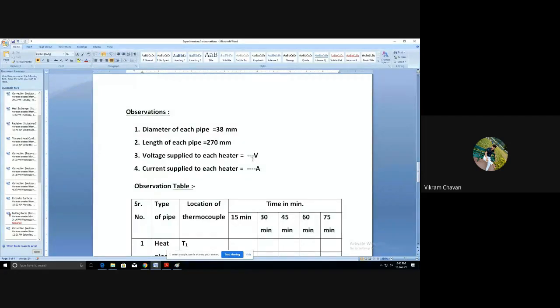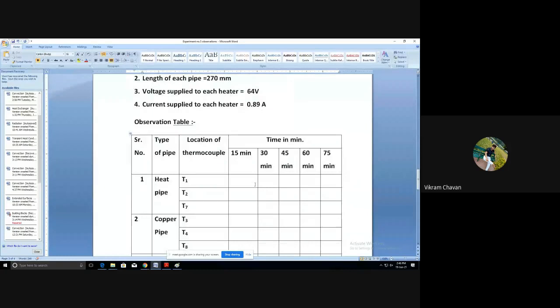So, observations. Voltage supply to each heater is equal to 64, and current is near about 0.89 ampere.